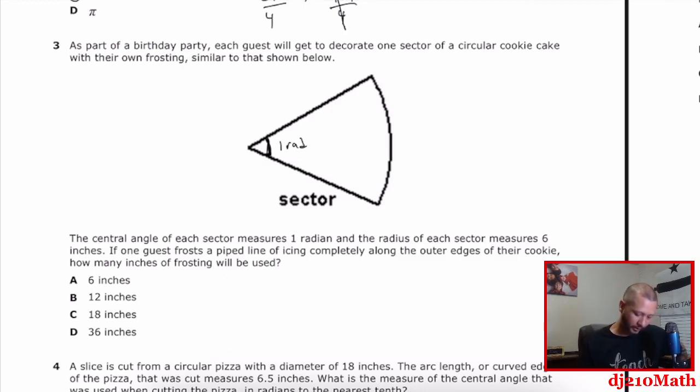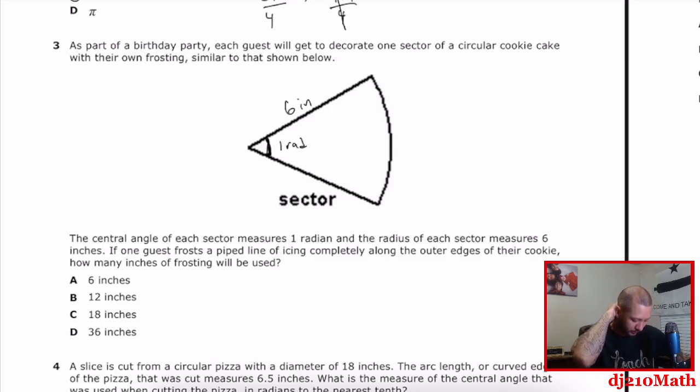And the radius of each sector is 6 inches. So there's my radius. So the one thing that we're missing is arc length. If one guest frosts a piped line of icing completely along the outer edge of their cookie, how many inches of frosting will be used?